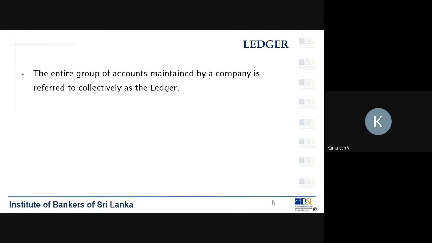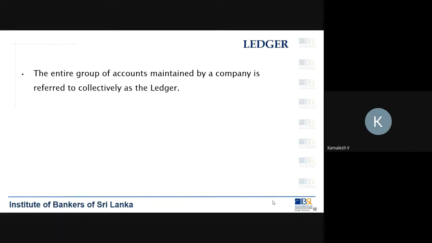For example, you might have thousands of customers. Each and every person should have a page. There only you will maintain the account pertaining to that particular customer. Similarly, you will maintain accounts for other purposes.